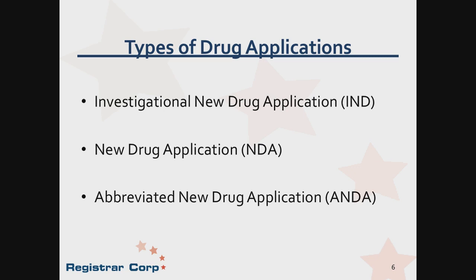A generic drug product is one that is comparable to an innovator's drug product in dosage form, strength, route of administration, quality, performance characteristics, and intended use. The innovator drug product would have been filed as a new drug application, NDA.